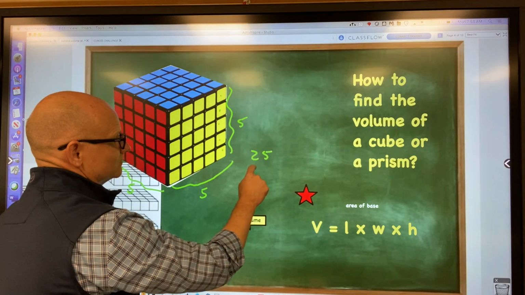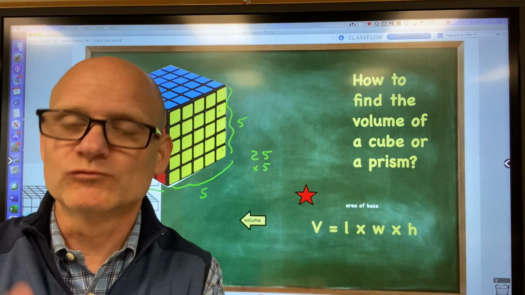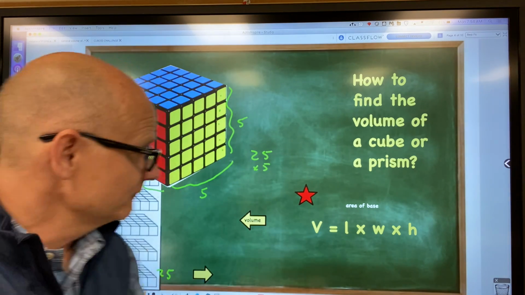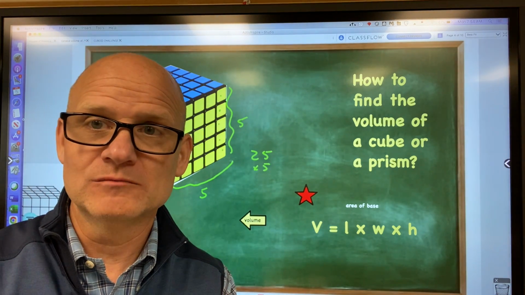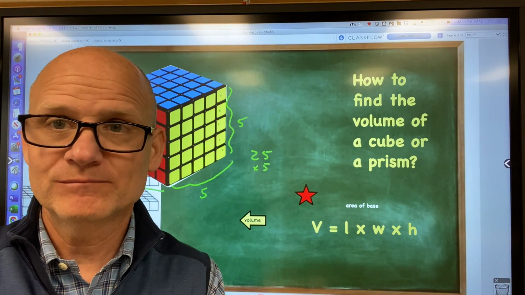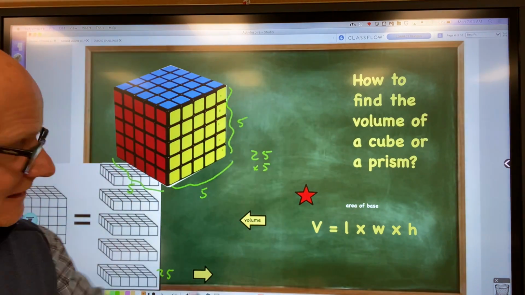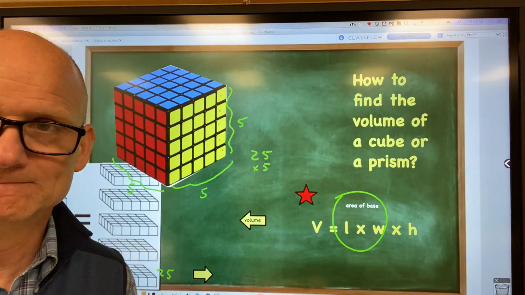Take 25 times 5, and that tells you the total number of cubes that make up this Rubik's Cube is 125. So to find the volume of any shape, find the area of its base and then multiply by its height.